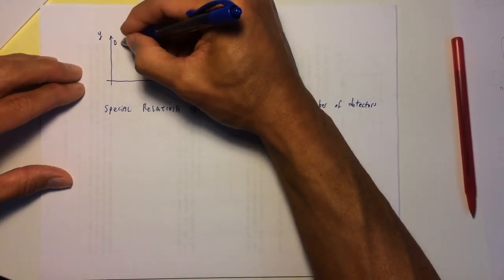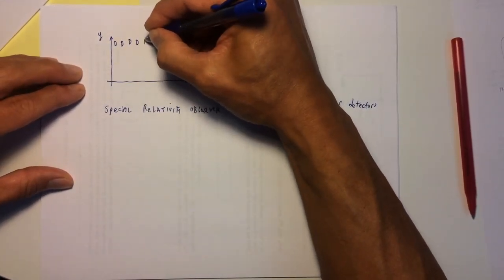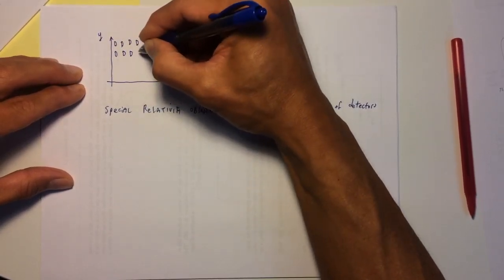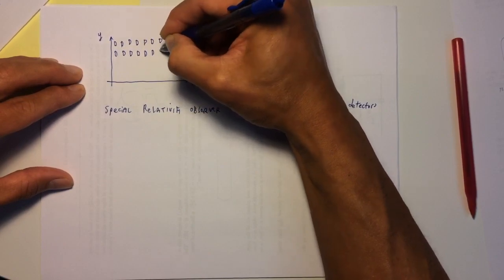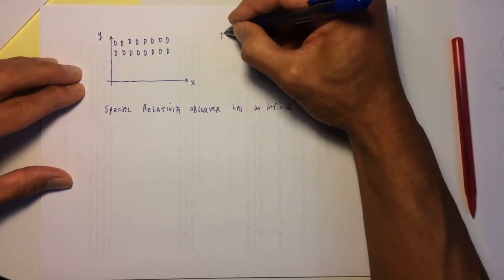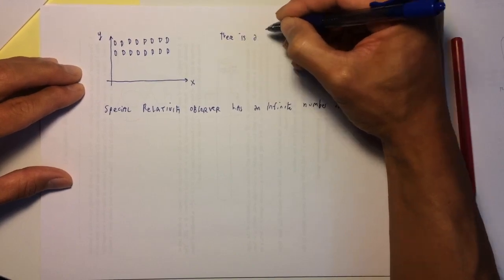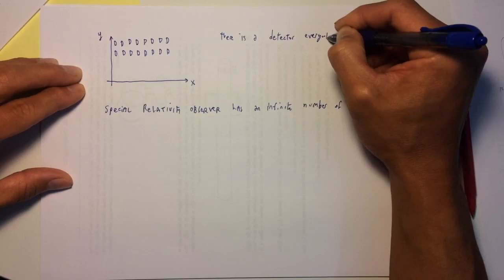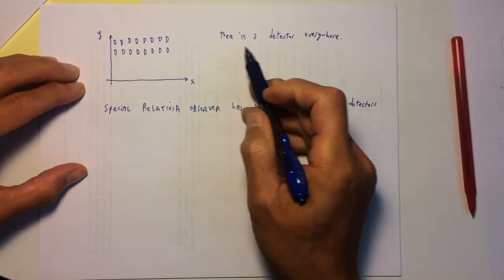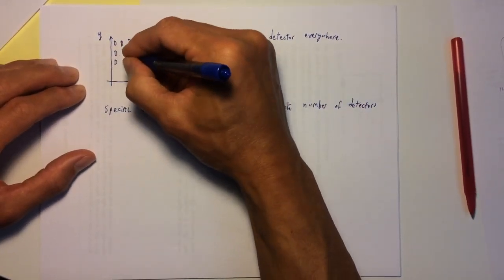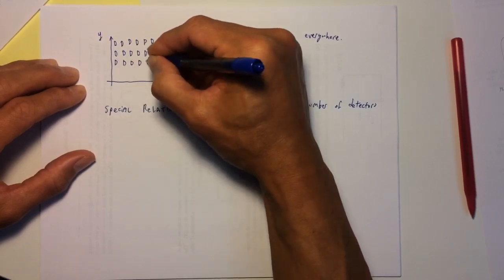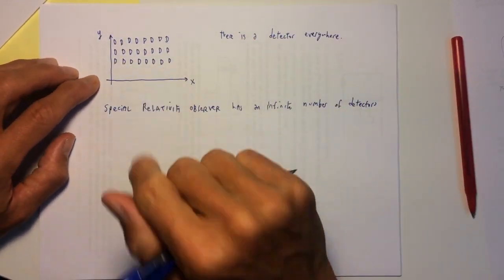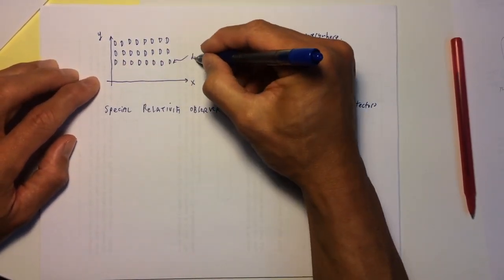The idea is there's a detector everywhere, right? Can you see I'm drawing a detector everywhere? These are all detectors, spread out in this coordinate system. So each of these things is a little detector.